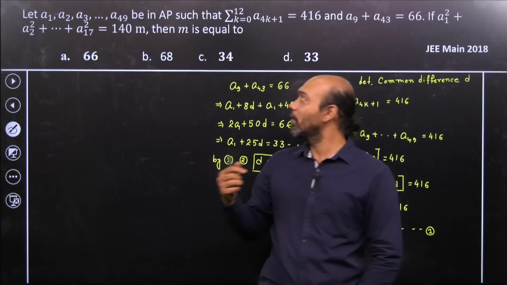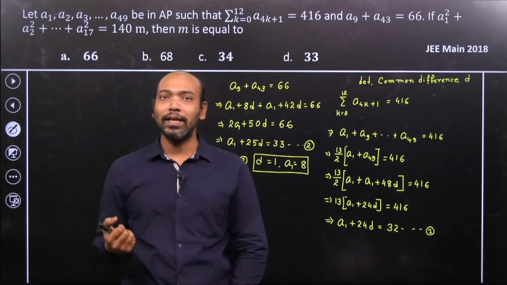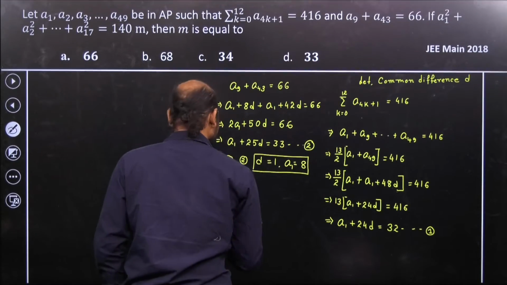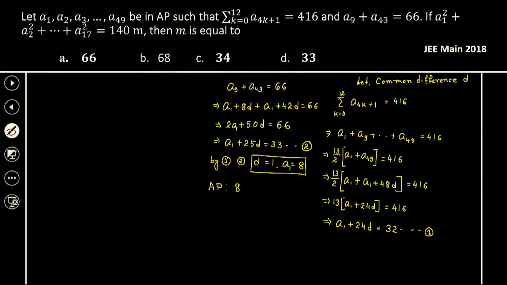So now we can obtain A1, A2, A3 up to A17. Let's see what my series is. My AP series starts with 8, then 9, then 10 and so on. Now we can easily write down the required sum.